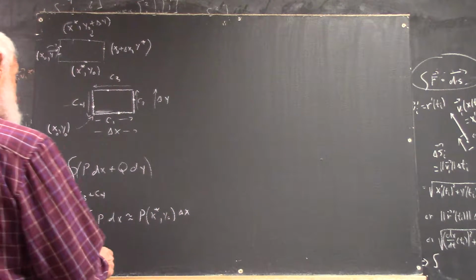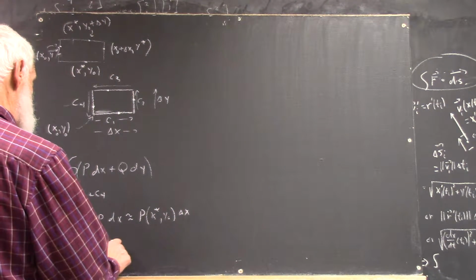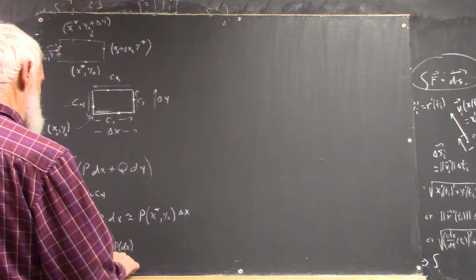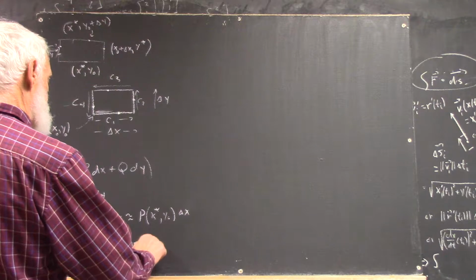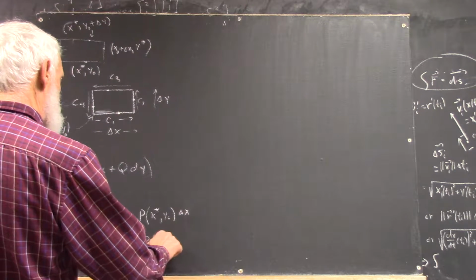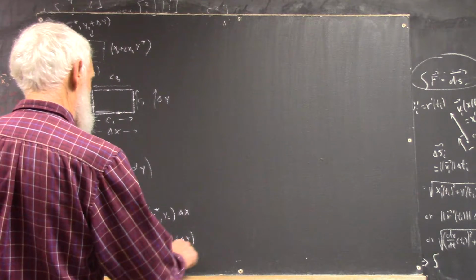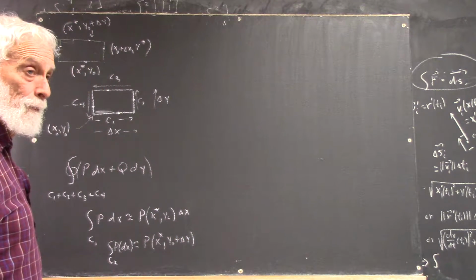Okay? And then the integral over C2 is approximately P of X star, Y naught plus delta Y, right? Times what?